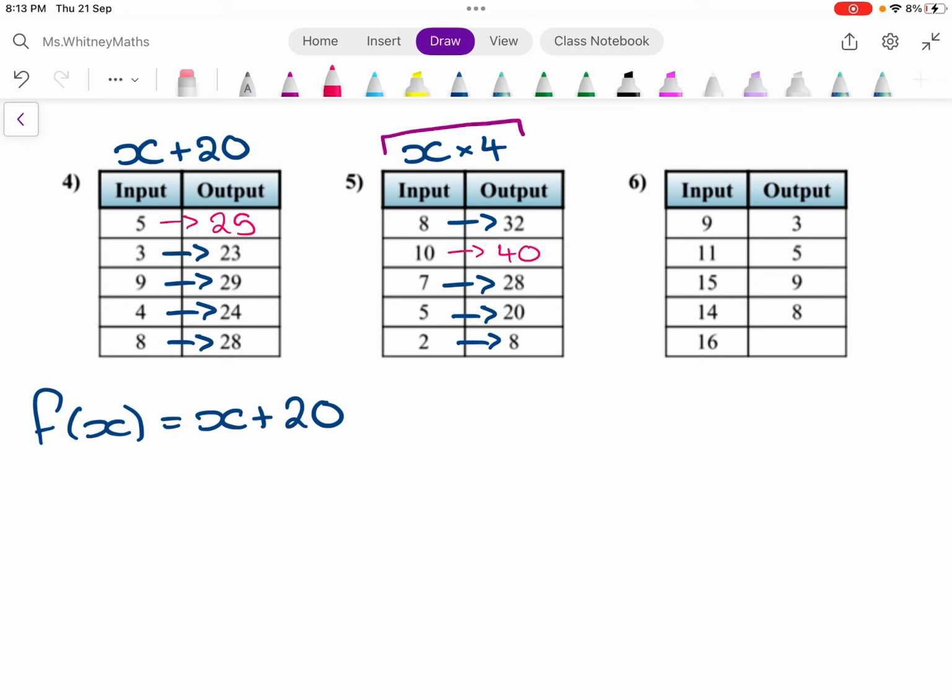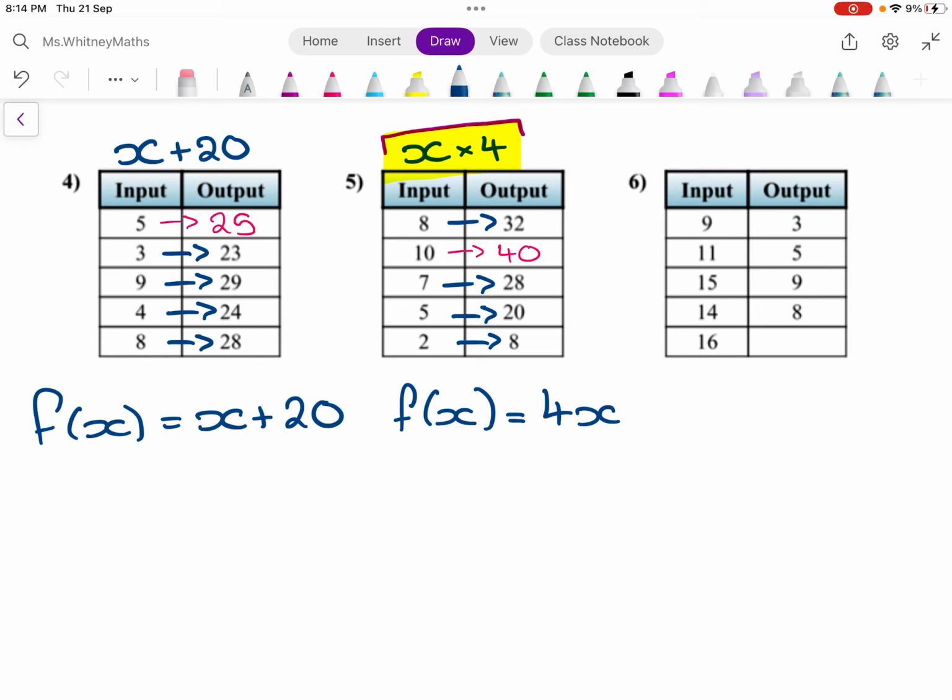Let's timesing by 4. And then the answer at the bottom is going to be f of x equals 4x. This is not mathematically incorrect. Remember that. However, when we think about clear and concise mathematical communication, 4x is much better.